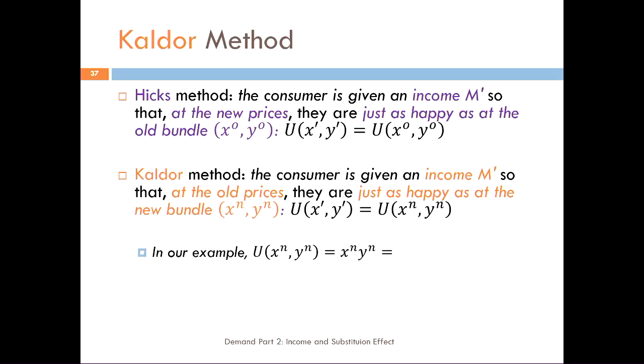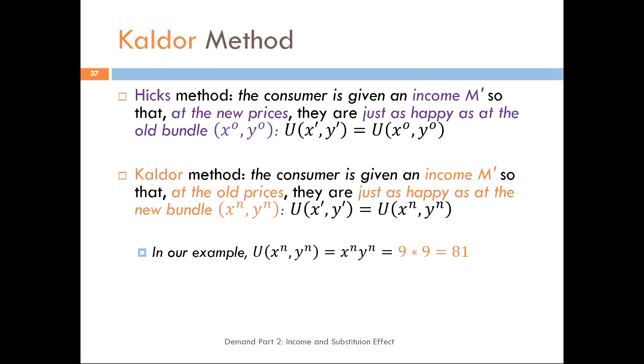All right, so let's see how we could do this for the Calder method. It's the same structure as the Hicks method for how to find the answer, how to find N prime. So let's do that. In our example, remember the new bundle was 9 units of X and 9 units of Y. Since the utility function for this individual is X times Y, the new utility is 81.